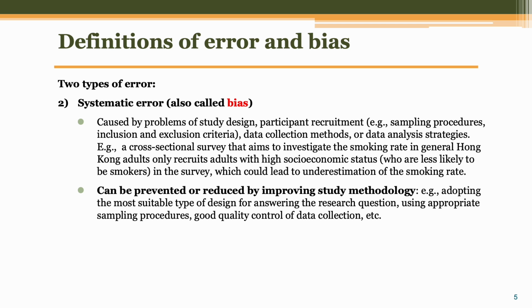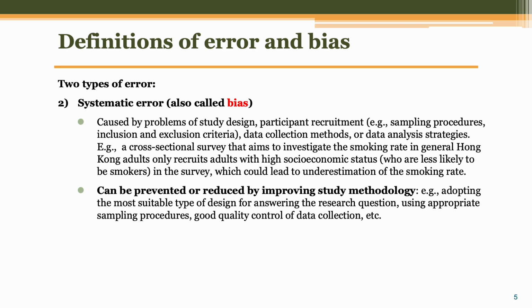The other type of error is systematic error, which is also called bias. Bias is caused by problems of study design, participant recruitment, data collection methods, or data analysis strategies. For example, suppose a cross-sectional survey that aims to investigate the smoking rate in general Hong Kong adults only recruits adults with high socioeconomic status, who are less likely to be smokers.